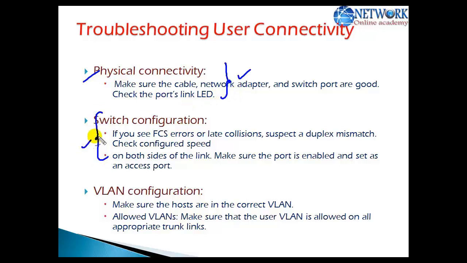It can also be misconfigurations in the switch, like duplex mismatch, which can cause collisions, late collisions, and FCS errors that affect communication between the devices. So let us figure out the possible physical connectivity issues in case there is no communication between any two devices in the LAN.